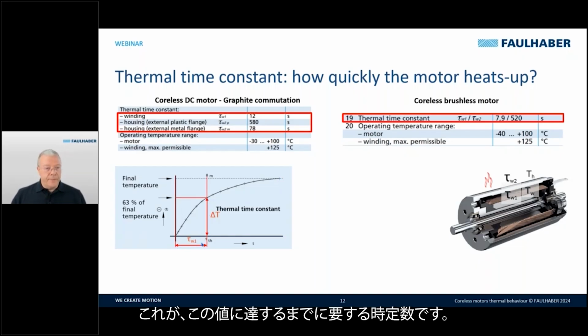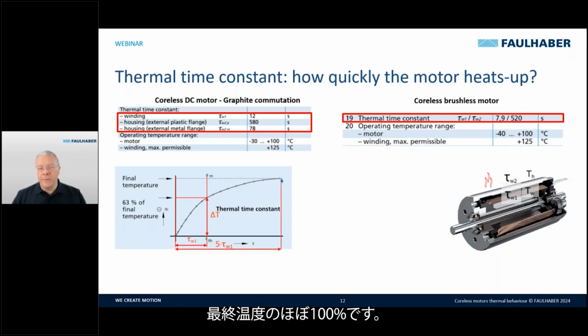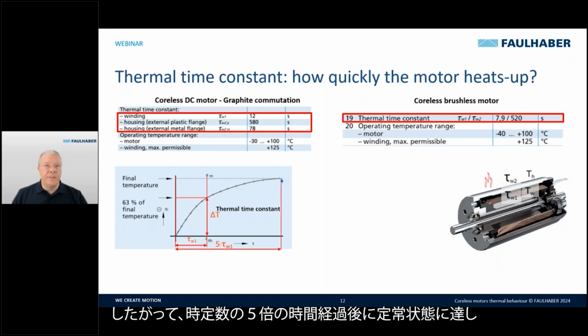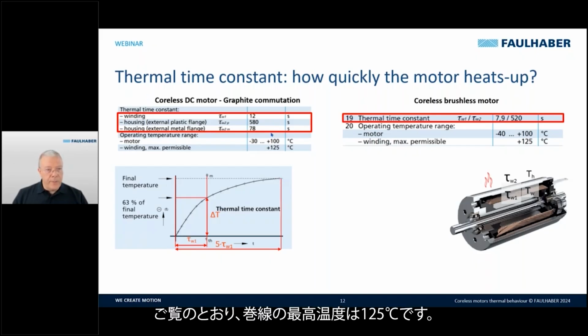So this is the time constant necessary to reach this value. After 5 time constants, we can get the maximum value, 99.5%, so it's almost 100% of the end temperature. So we can consider after 5 time constants to reach the steady state, the maximum temperature of the motor.